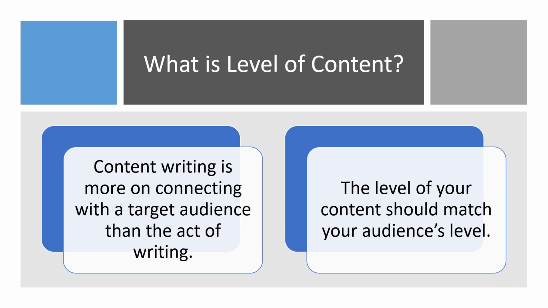Okay, so these are people working on articles which are expected to be published on the internet for a particular target audience. Now, content writing is actually less about writing than people. It's because content writing is more on connecting with the target audience than the actual act of writing itself.